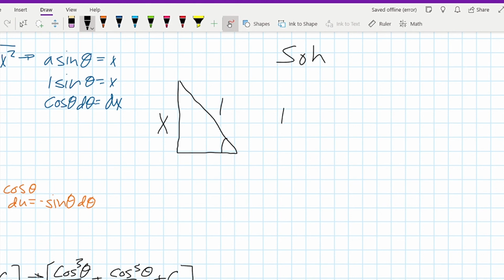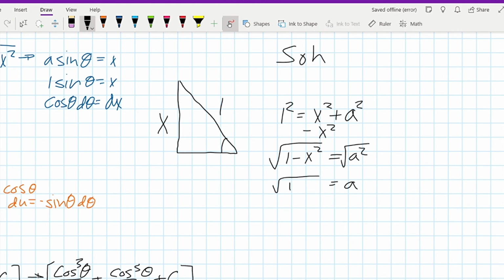You will have 1 squared is equal to x squared plus a squared, and we're solving for a. And then I can go ahead and just subtract x squared, and it's 1 minus x squared equals a squared, and we're solving for a, not a squared, so we're going to want to take the square root of both sides. And you get that a is equal to the square root of 1 minus x squared. And the reason why I dropped this squared right here on the 1 is because 1 squared is just 1.